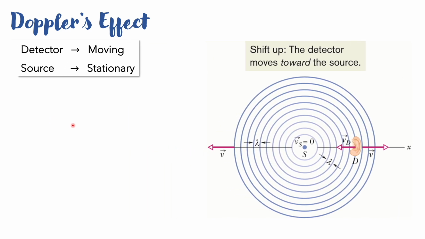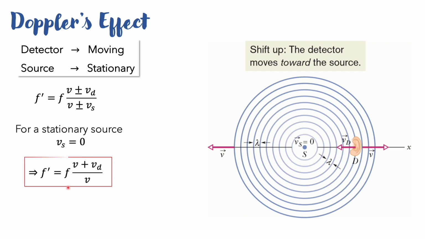Then our general formula, which is this one, can become like this, because the velocity of the source here is 0, it is not moving, so we will replace Vs with 0, and V is the speed of sound, it will stay like that, but on the top we are choosing the positive sign. Why?